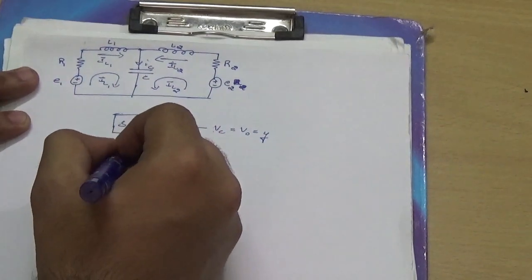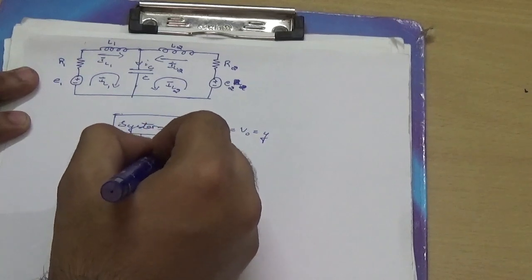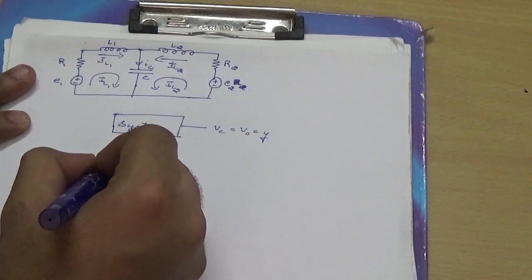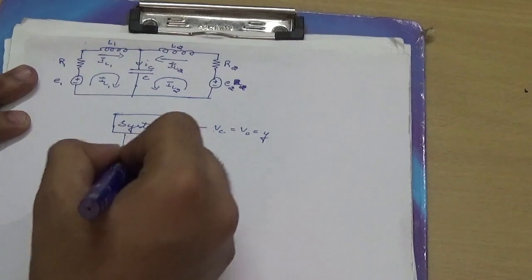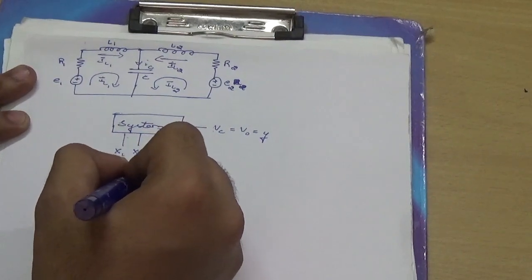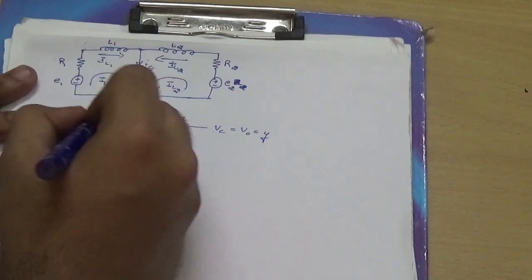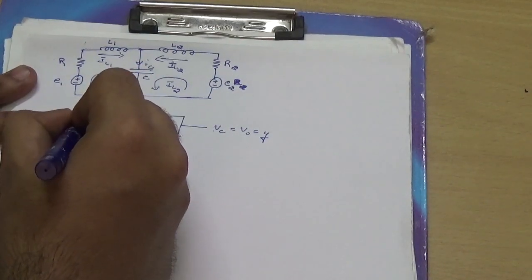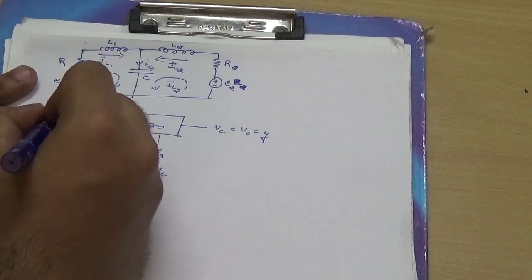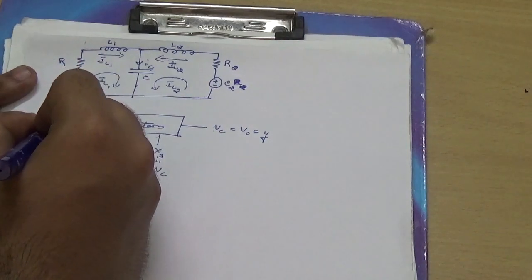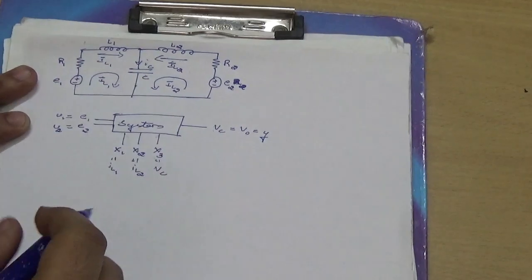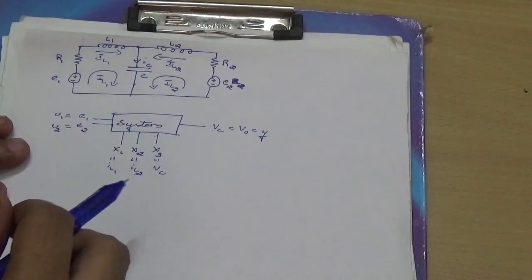So I have to take x1, x2 and x3 as the state variables, that is IL1, IL2 and Vc. The inputs will be two, that is E1 and E2, which I take as U1 and U2. So this is how the model is drawn.